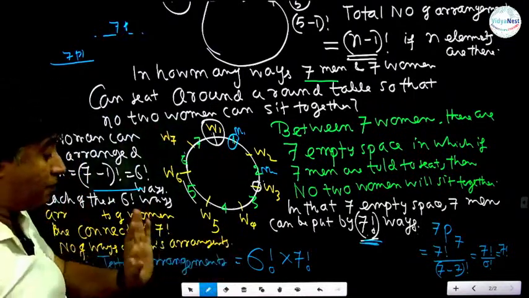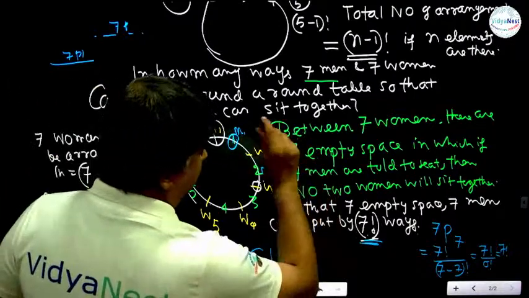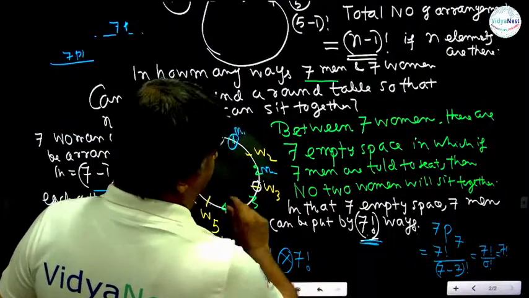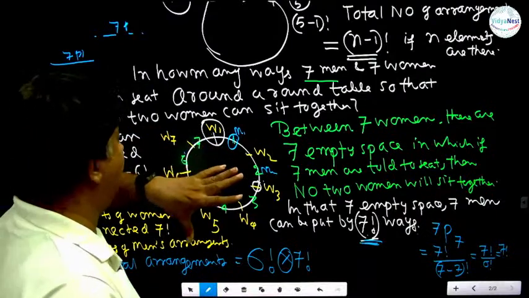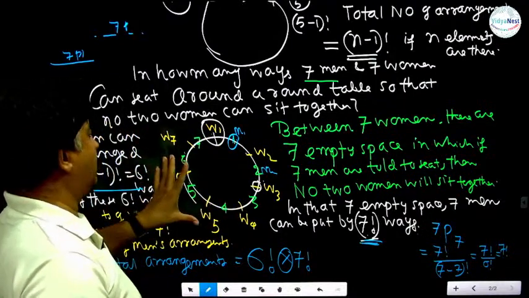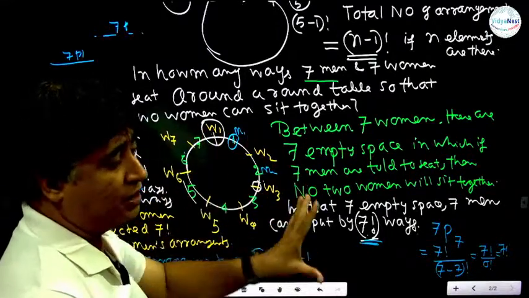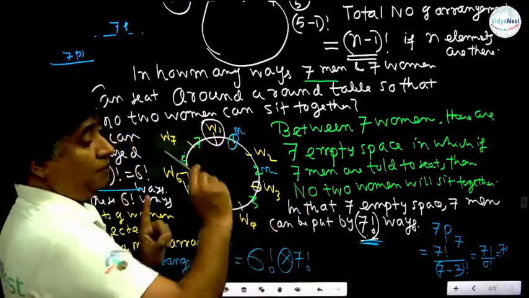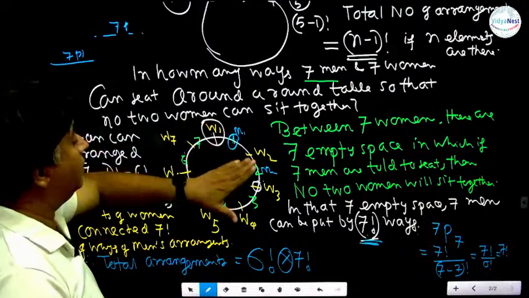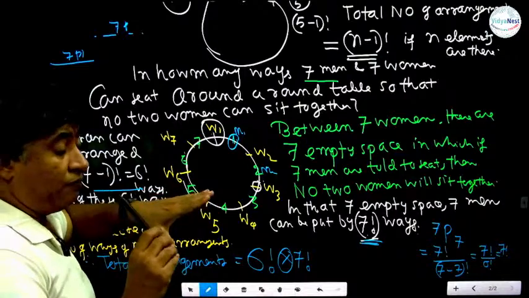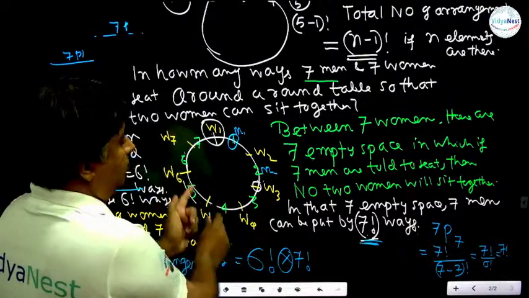So there is the problem. Students sometimes put addition, sometimes they leave this out, without considering the position of the women. Because had the position of the women been fixed, suppose instead of women I put 7 statues, then that would be the answer, because the statues' positions are fixed. Or if the position of the women is fixed in the sum, then I can arrange the women in only one way.